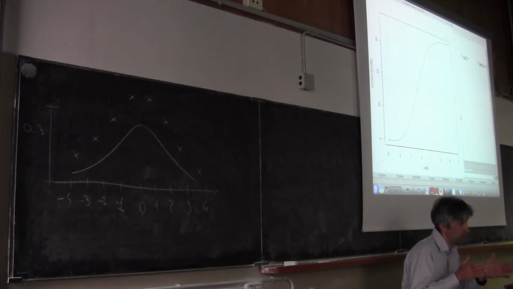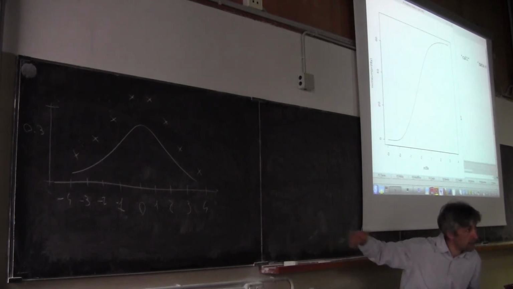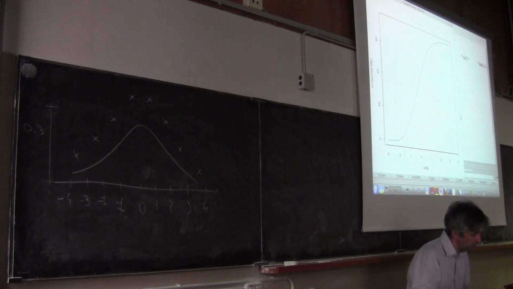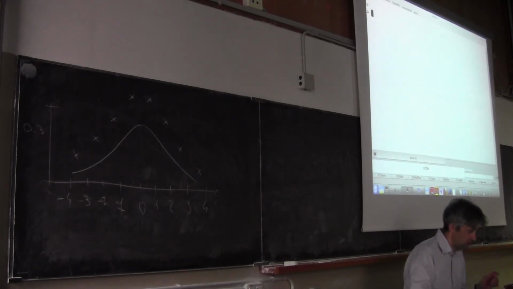Because of course, in order to get the value of delta x, you have to divide the range of the variable by the number of intervals. Okay? So the range of the variable we can compute just by computing the maximum value of PR2x, and I have to subtract the minimum value of PR2x.